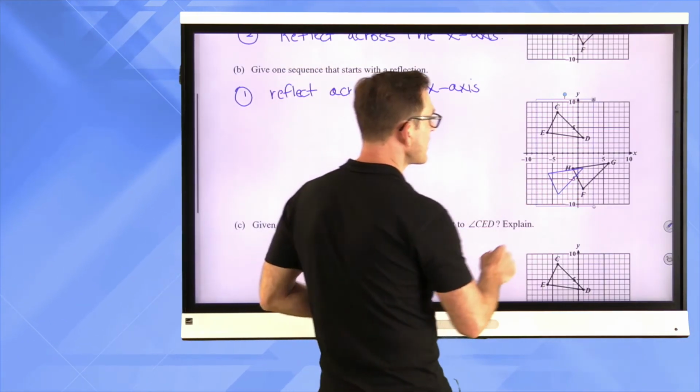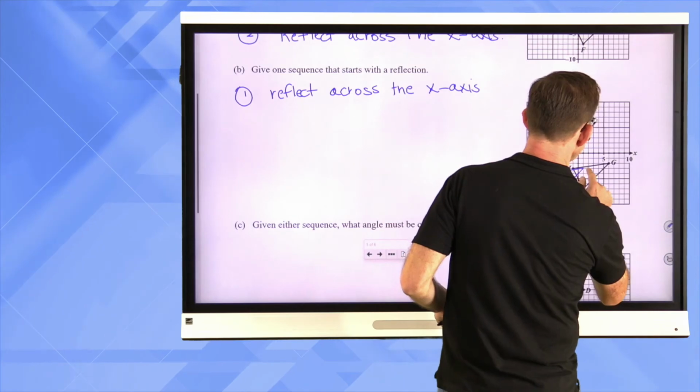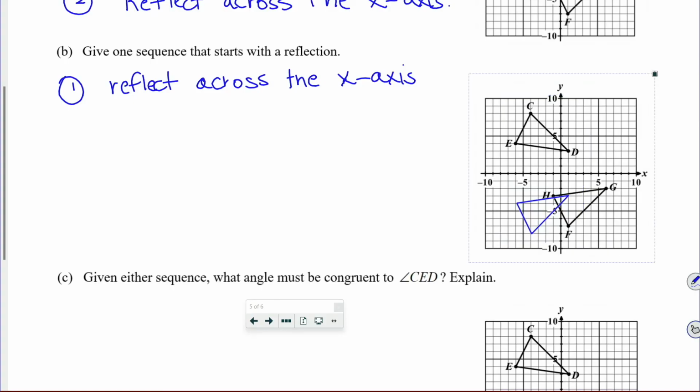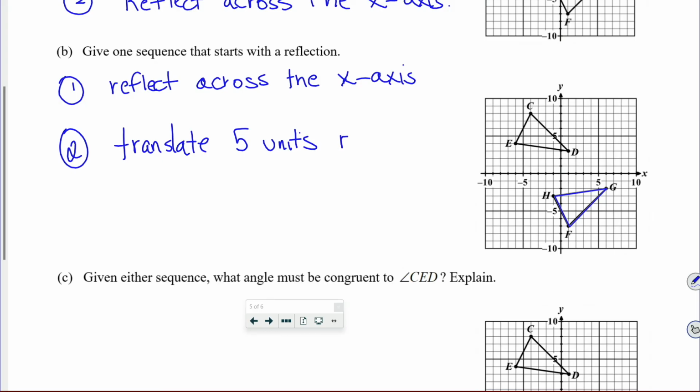But then, in order to get that point to line up with G, I have to move it 1, 2, 3, 4, 5, 5 to the right, and 1 up. So I'm going to translate five units right and 1 unit up.